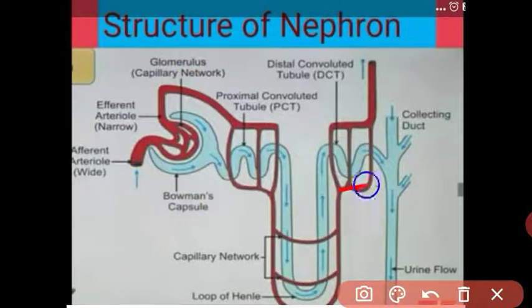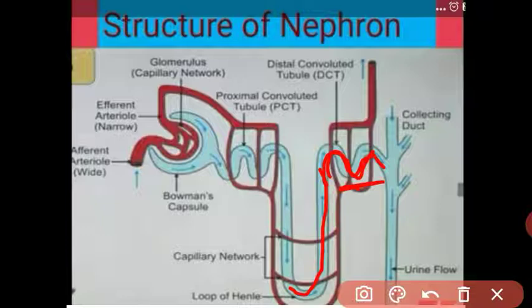It is called the DCT. Most of the important substances are absorbed by the blood capillaries, and the remaining filtrate passes into the DCT. There, the main process occurs: if our body is dehydrated, meaning the water level in our body decreases, our pituitary gland secretes the hormone ADH, anti-diuretic hormone.